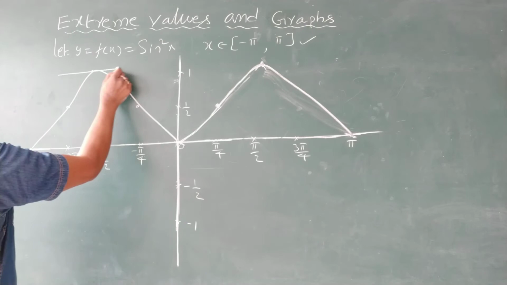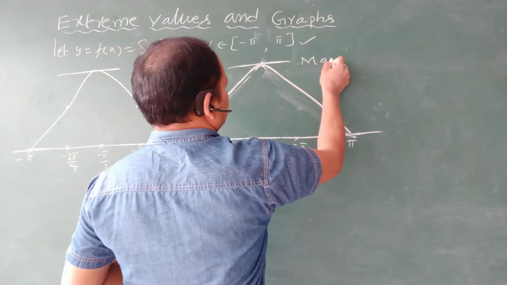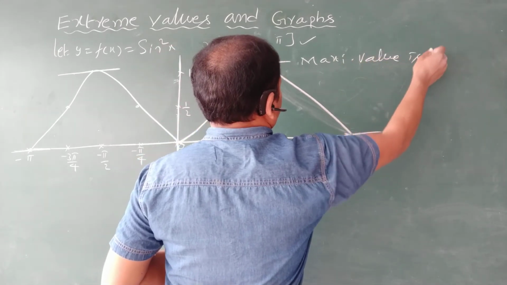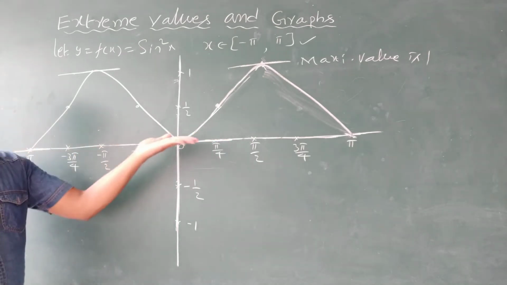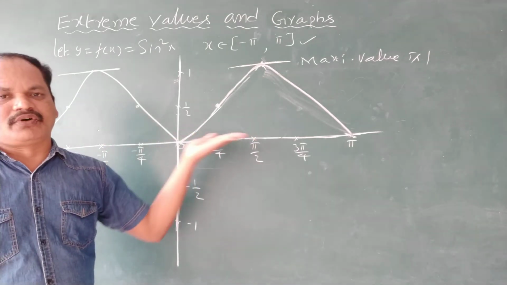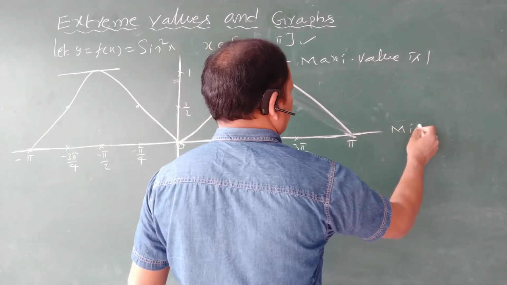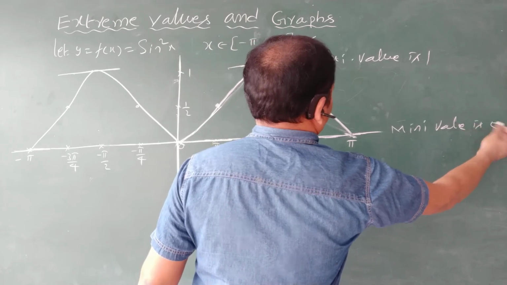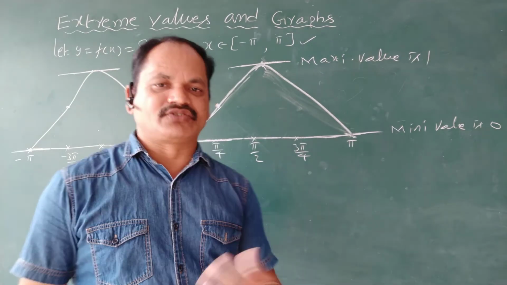Here the maximum value is 1. The minimum value is 0, since the x-axis is the platform for this graph. That's why sin square x has minimum value 0 and maximum value 1.